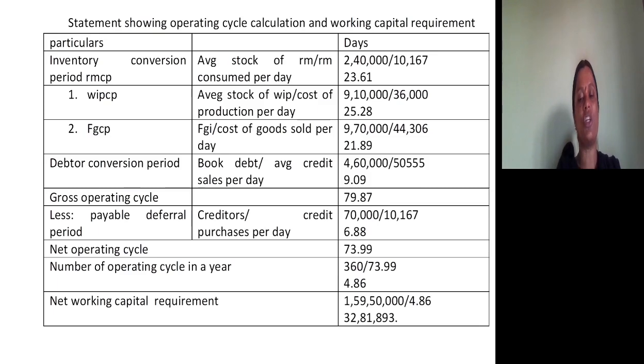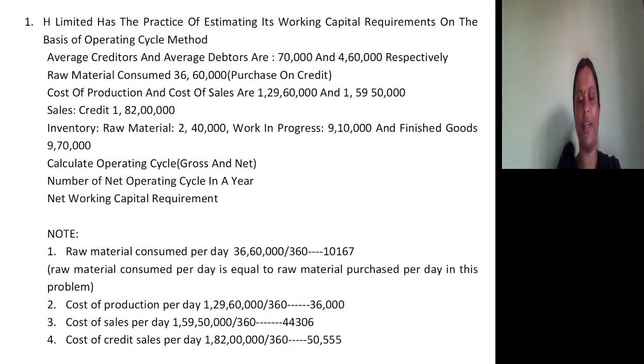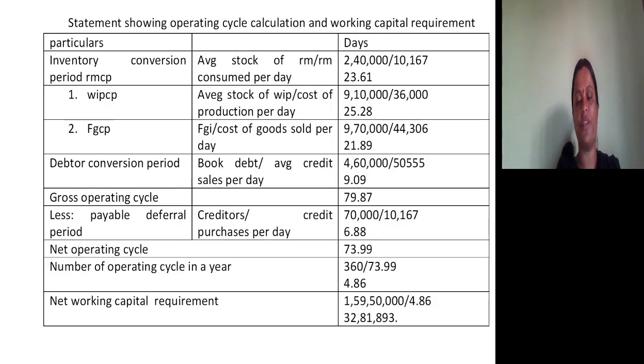Then debtor conversion period, book debt divided by average credit sales. So it is clearly given sales totally on credit. So average is 1,82 lakh divided by 360 means 50,555. This is credit sales per day. 4,60,000 divided by 50,555 will become 9.09.